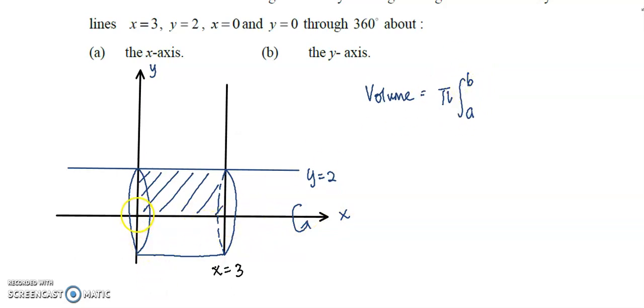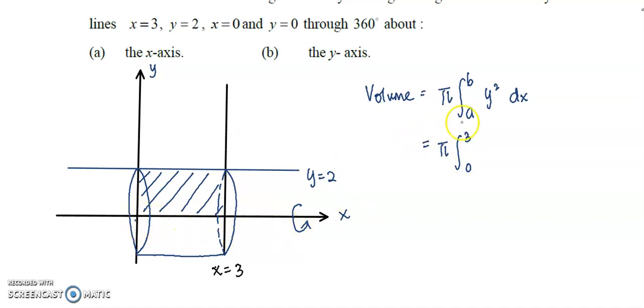For example, here it will be 0 to 3, and you are going to integrate the function y squared with respect to x. Now we have the function y equals 2, so when you take the square of y, you will get 4. So the function here will be 4. For this particular question, a will be 0 and b will be 3.